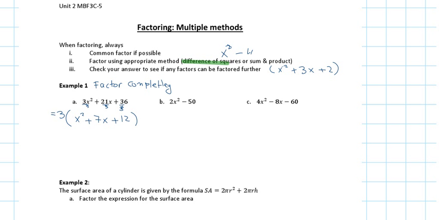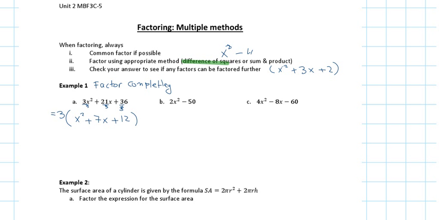Now, after I do my common factoring, I'm going to have to look at my leftover. Is my leftover a binomial or a trinomial? Trinomial. So I have to think about which method. The difference of squares or the sum and product? Sum and product, because it's a trinomial. 1, 2, 3 terms.